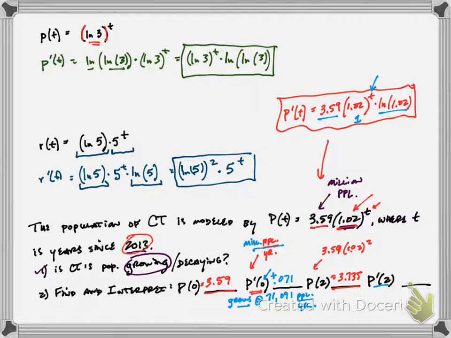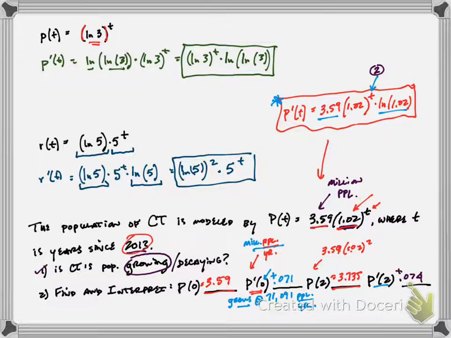Well, I go back up to my derivative, and I substitute 2 in this case. So before, we said this was 1, but it's not 1 anymore because t is not 0 anymore. We'll put 2 in for t. And so 3.59 times 1.02 to the second times the natural log of 1.02 is approximately 0.0774 if I'm rounding to 3 places.